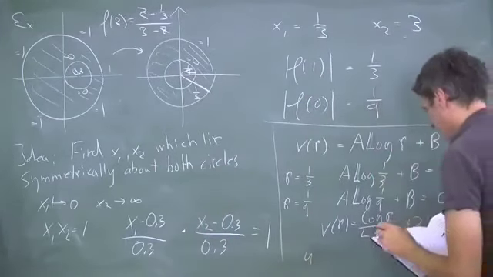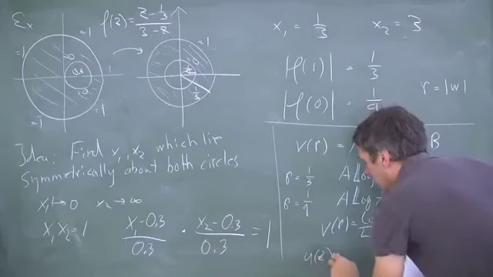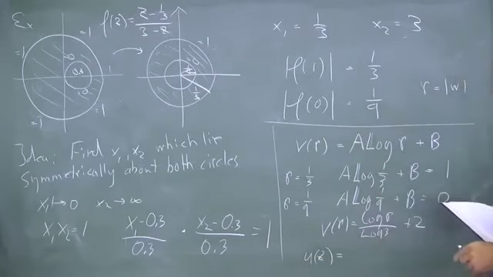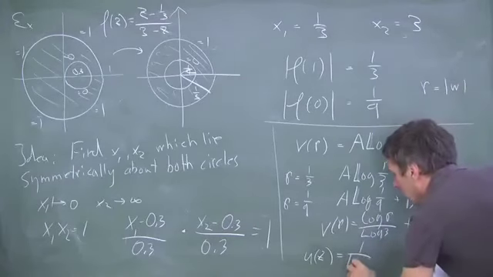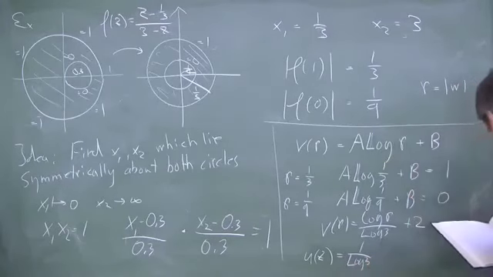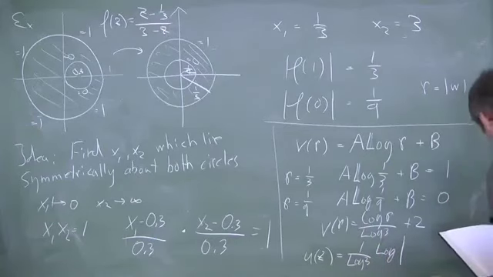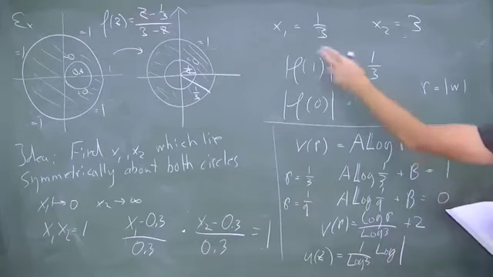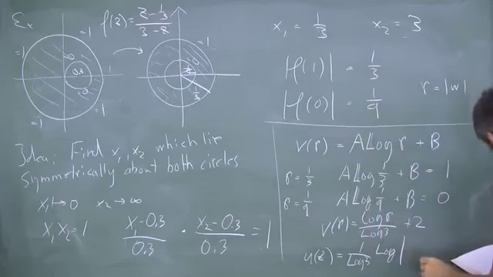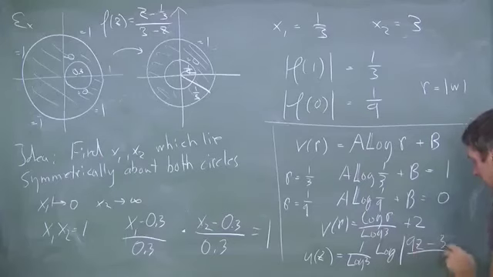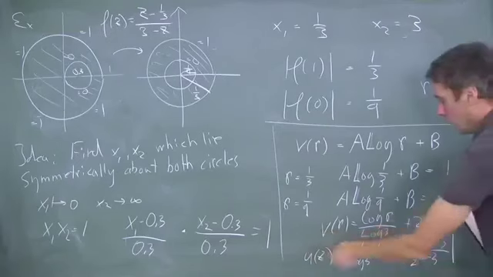If I now write it in terms of the complex number z, it's 1 over the logarithm of 3 times the logarithm of the absolute value of, if you insert this value here and simplify, 9 times (z minus 1/3) divided by (z minus 3). So this is really the solution to the problem.